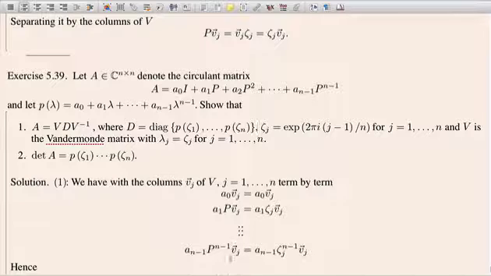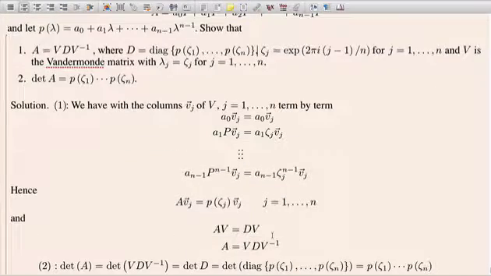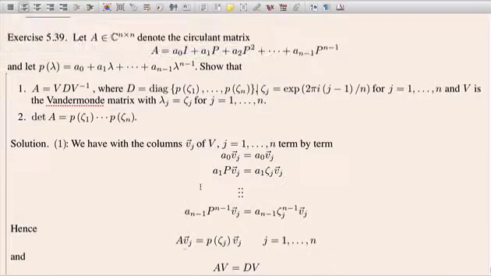So here we apply P n minus 1 times, and each time you apply it, you get the eigenvalue zeta j once. So you get zeta j to the n minus 1 times vj. Then putting all these together term by term, for A we get A times vj, term by term multiplication. And on the right hand side, if you add these up with vj factored out, we get exactly p of zeta j, the polynomial p evaluated at zeta j.